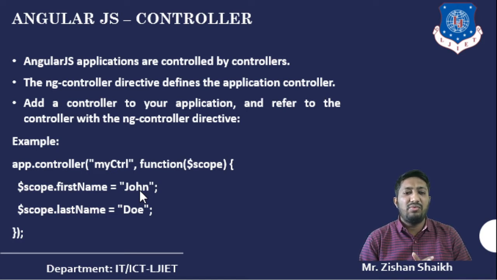So this is all about the controller method. In the controller method you have to pass two parameters: first is your controller name, and second is the function with the scope variable. Here scope is an AngularJS defined variable that defines the scope of your variable. For example, if you are writing one div tag, and in that div tag you are defining some variables, first name, last name.